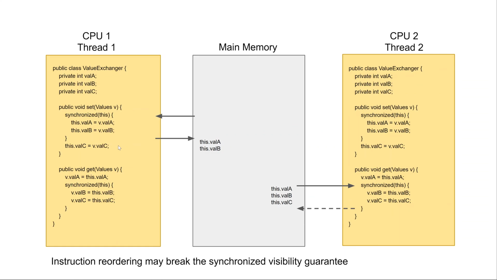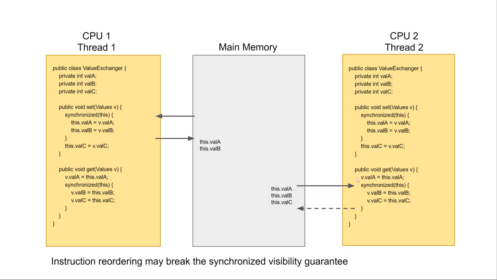Now it could be flushed back to main memory, but there's no guarantee that it will be. And that means that now val C may not be correctly reflected in main memory.